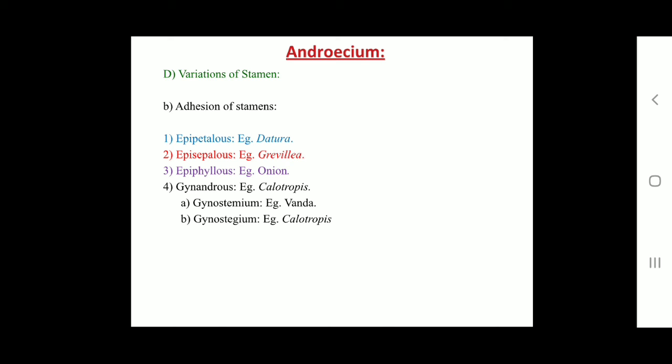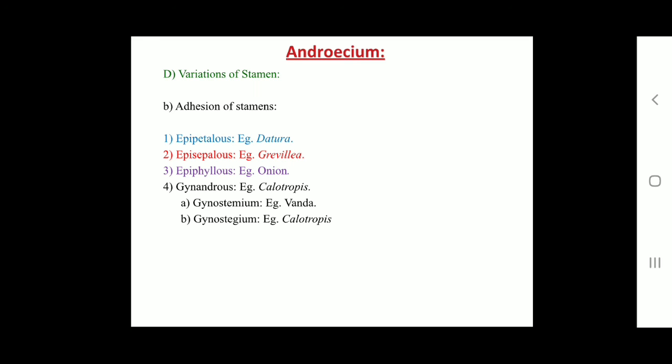Adhesion is the union of stamens with other floral leaves, that is sepals, petals, tepals, and carpels. It is of the following types: epipetalous, episepalous, epiphyllous, and gynandrous. So first we must know episepalous. Stamens unite with sepals by their filaments is called the episepalous condition. Example, Quisqualis, that is Rangoon creeper.